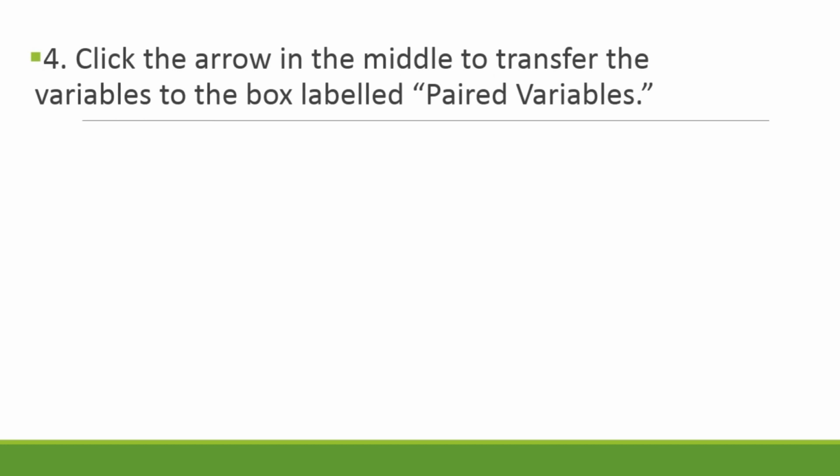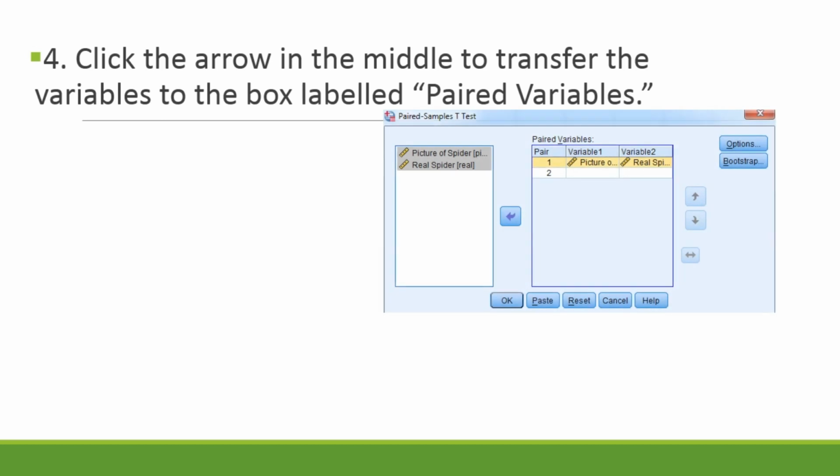So after that, you'll have to click on the arrow in the middle to transfer the variables to the box labeled paired variables. So as you can see here, we have an arrow. So you'll just click on that and these variables would be transferred to the paired variables box.